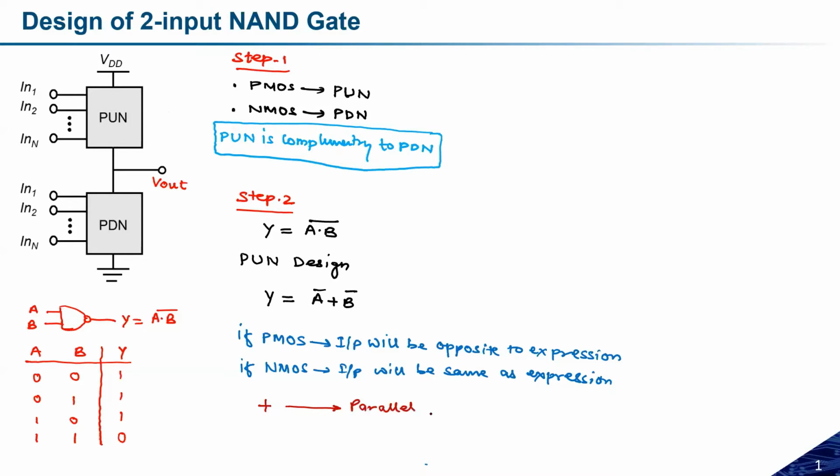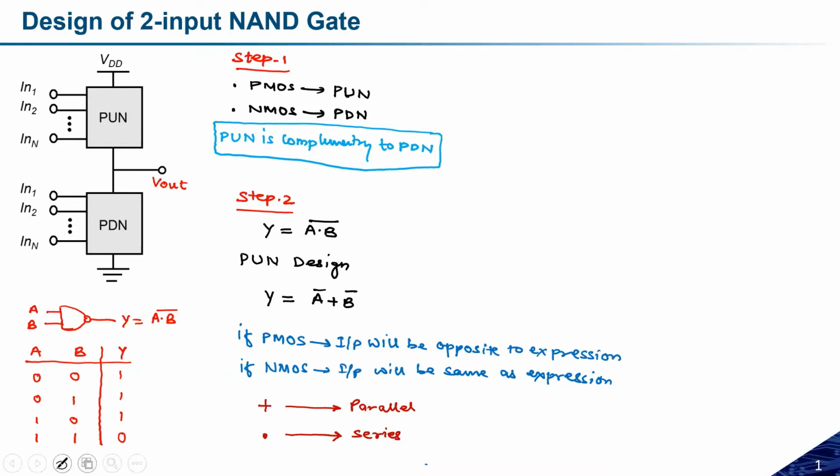If a plus symbol is there, I need to make the transistors parallel. But if there is a dot symbol, like an AND kind of thing, in that case I will connect both the transistors in series.